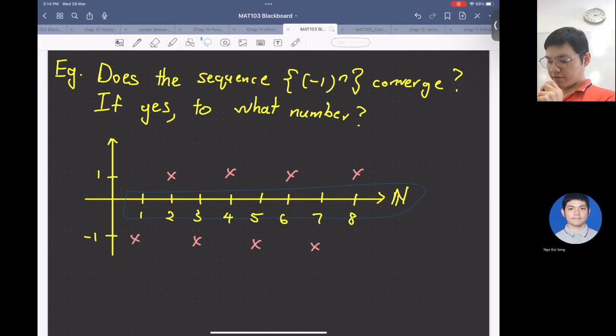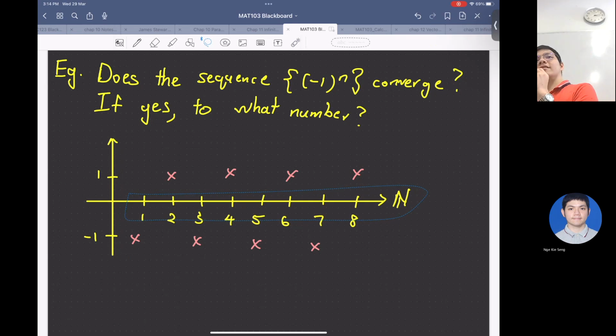Anyone have any brave answer? Anyone have a guess?